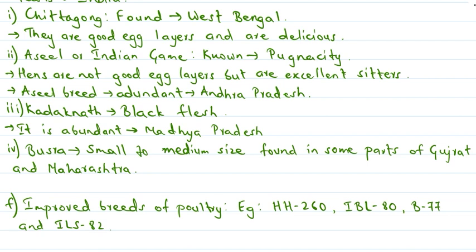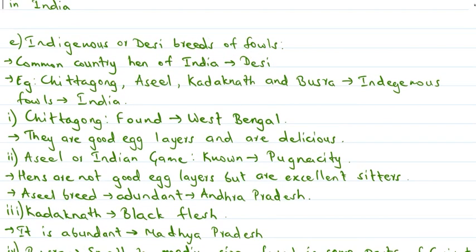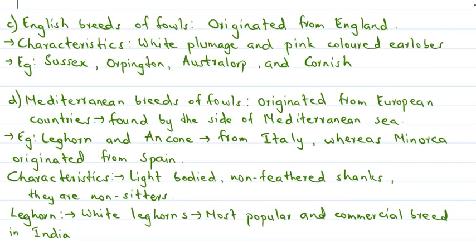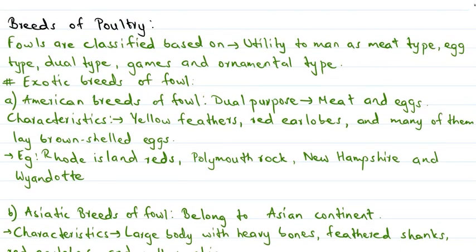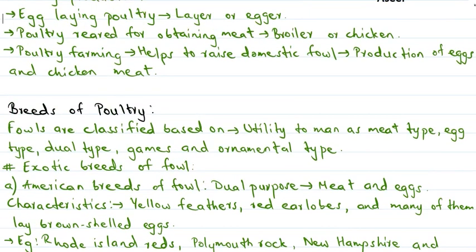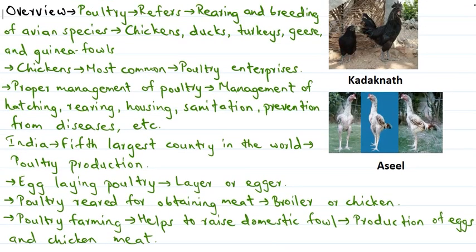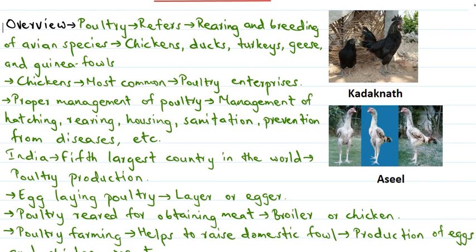Alright. So now let's quickly summarize or revise everything that we have covered today. Okay. So today we talked about the overview of poultry farming, and we saw different breeds of poultry.